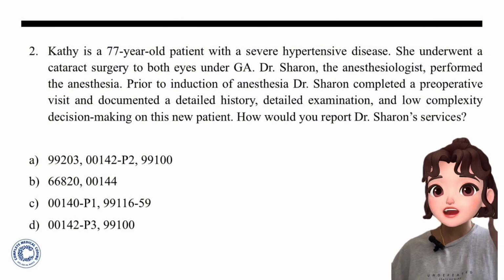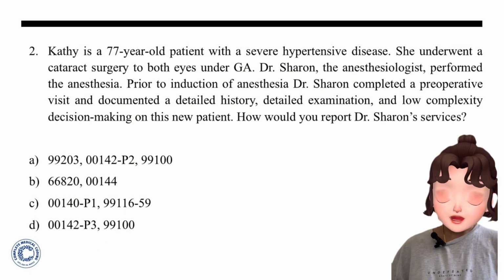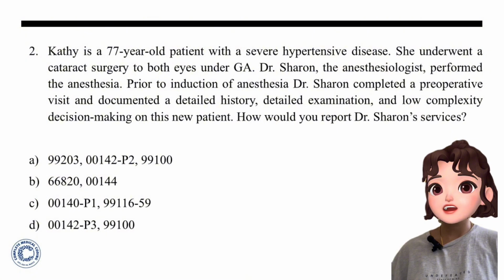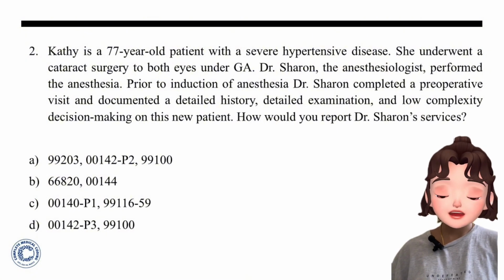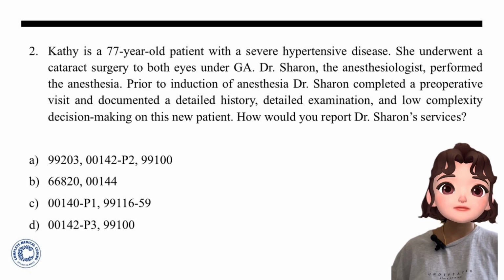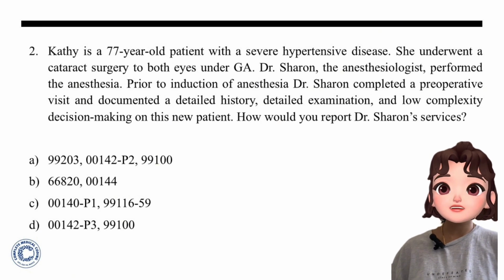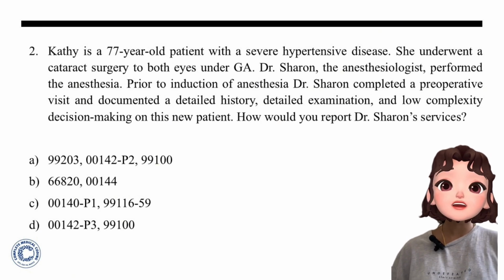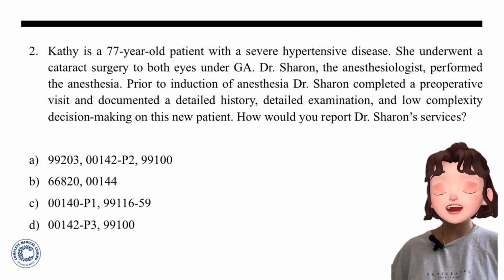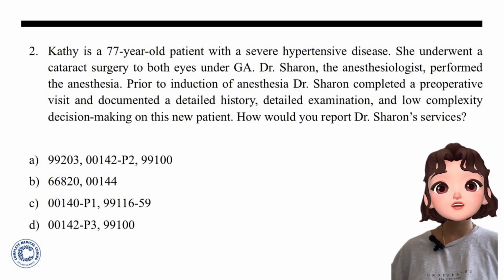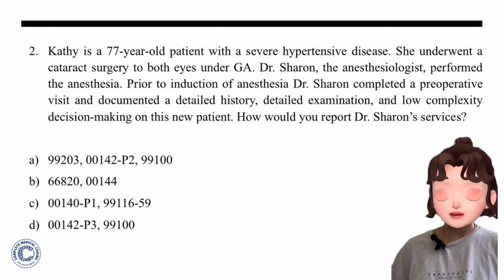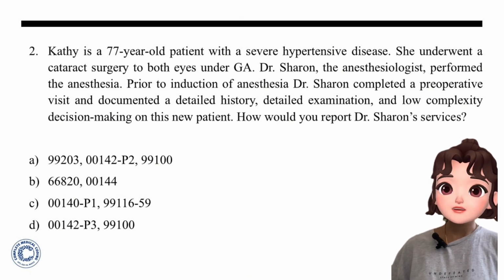So it is the stab incision technique for the cataract. What is performed here? She underwent a cataract surgery to both eyes. It doesn't mention any incision, or that is not carried out. This option is wrong, because here you have to code for Dr. Sharon's services, who is the anesthesiologist. So you should not code 66820 or code the procedure from other chapters. So option B is wrong.